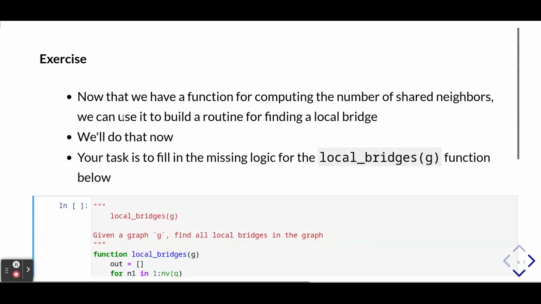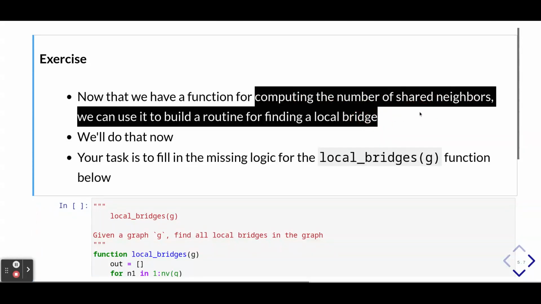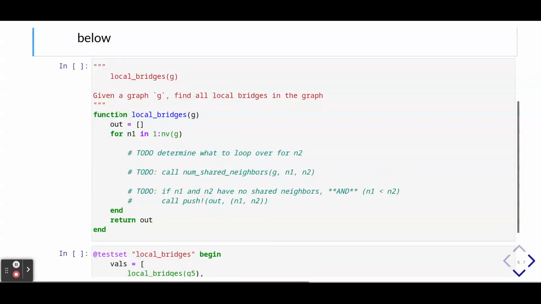So now that we have a function to compute the number of shared neighbors, we can use it as a building block for another function to determine all the local bridges in a graph. So here's what it looks like. Here's the docstring, local_bridges G. Given a graph G, find all local bridges in the graph.